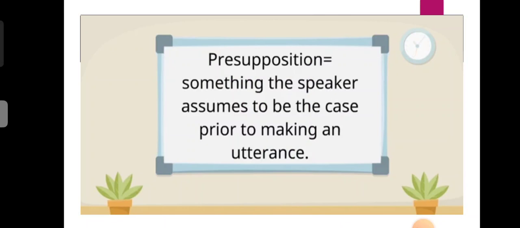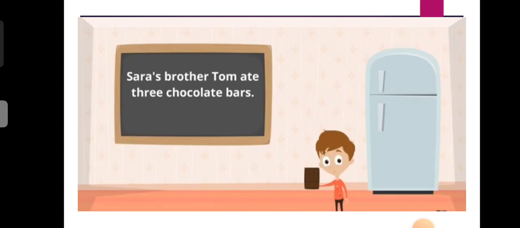For example, Sarah's brother Tom ate 3 chocolate bars, so we presuppose that a person called Sarah exists. She has a brother, she has only one brother, and he likes sweets.